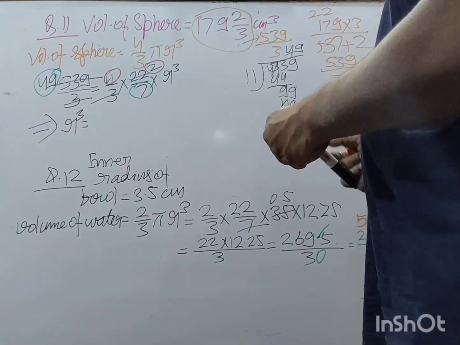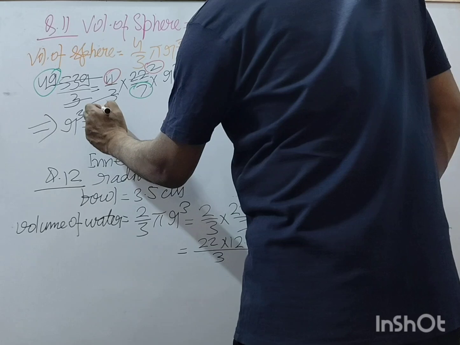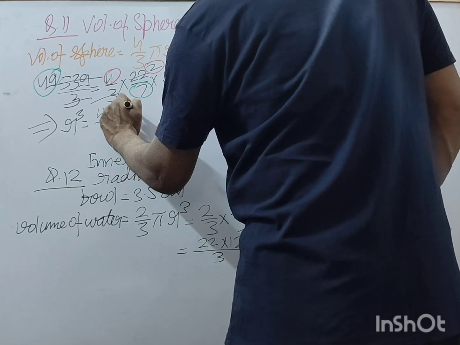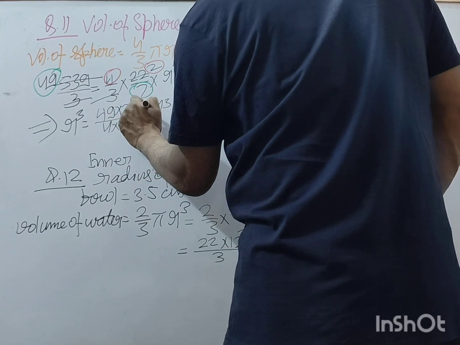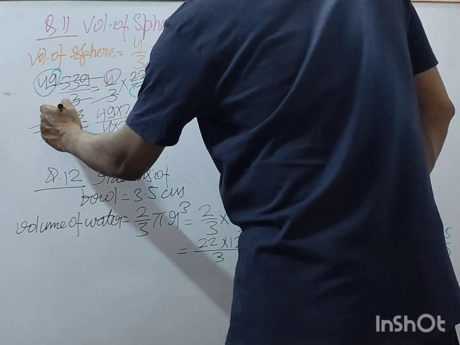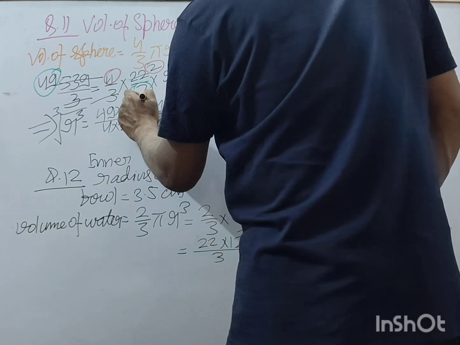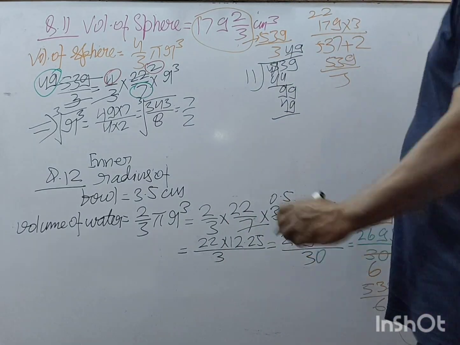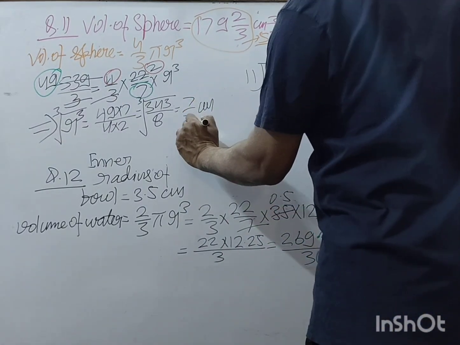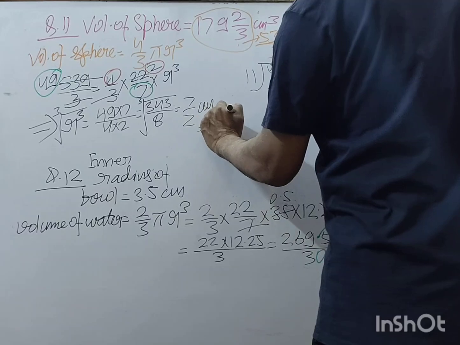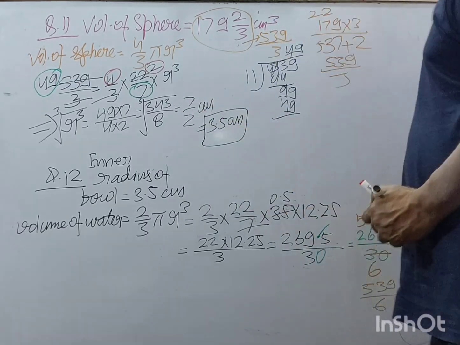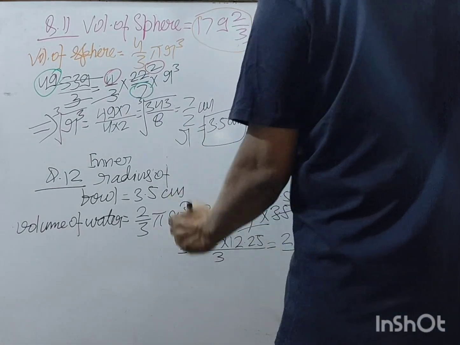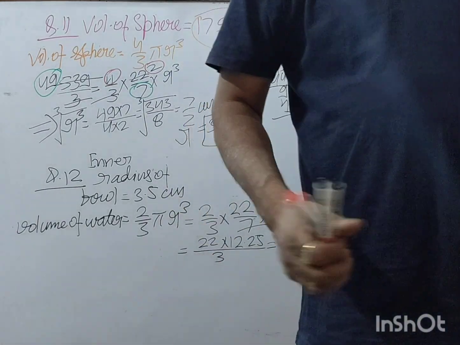So we get 49 into 7 upon 4 into 2, 343 upon 8. Taking cube root both sides, how much you get? 7/2. So centimeter. So it becomes 3.5 centimeter. You get this? This is the radius of the sphere, right?